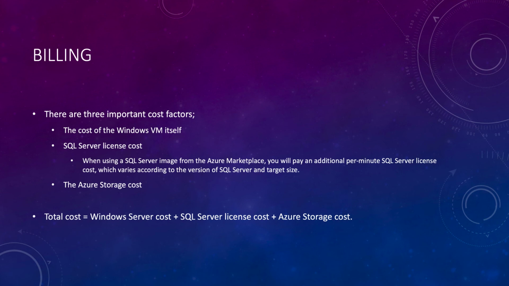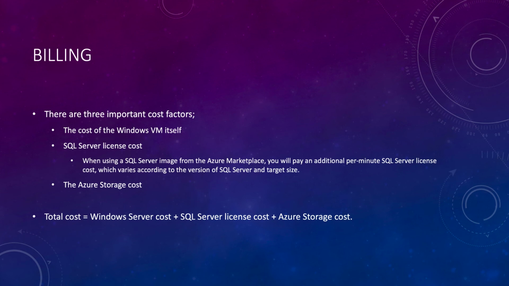When running your own SQL Server deployment on Azure Virtual Machines, you must understand three important cost factors. First is the cost of the Windows VM itself. Recall the Azure VMs are charged on a per minute usage model. Second is the SQL Server license cost.